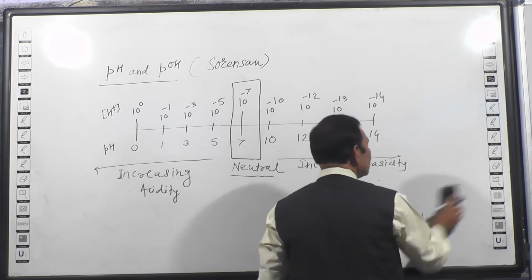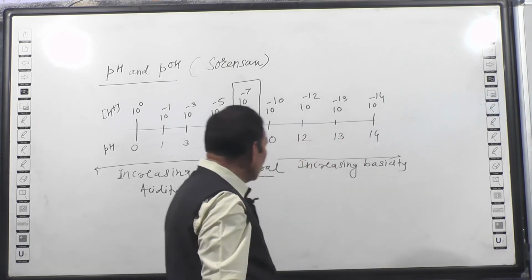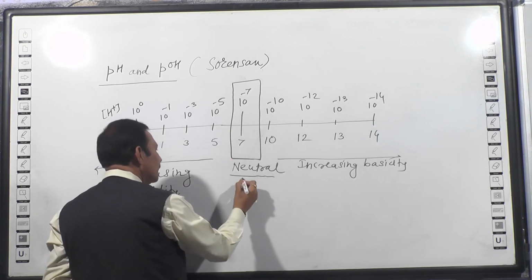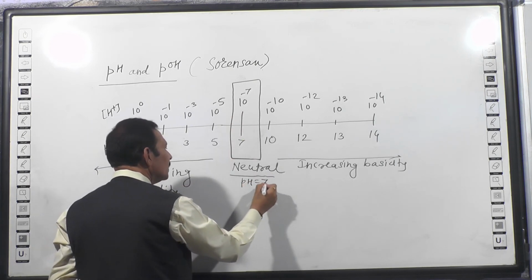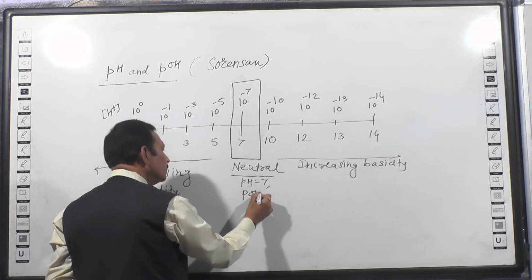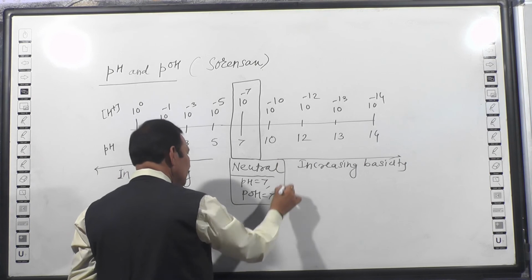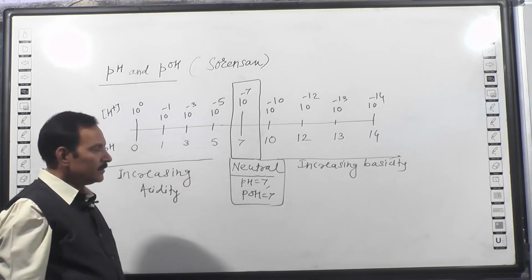Now see, whenever in any solution this condition is there, pH is equal to 7, pOH is equal to 7 and the solution is neutral, having an equal number of H plus and OH minus ions.